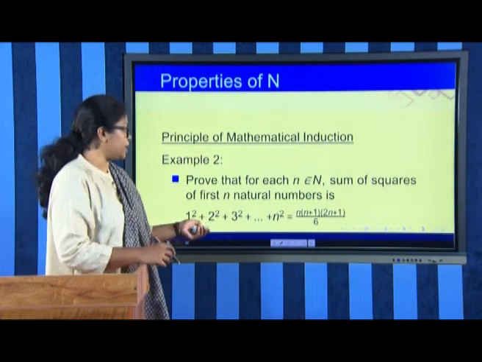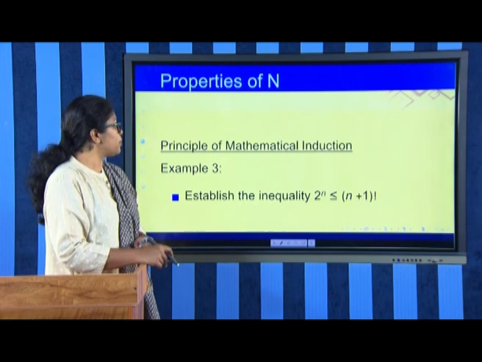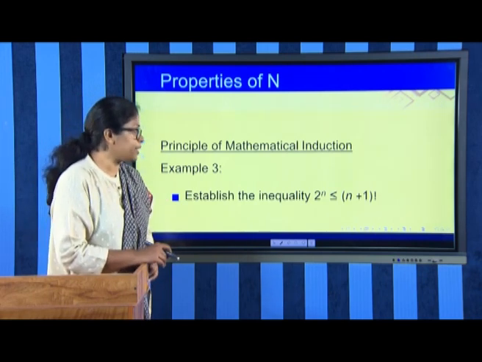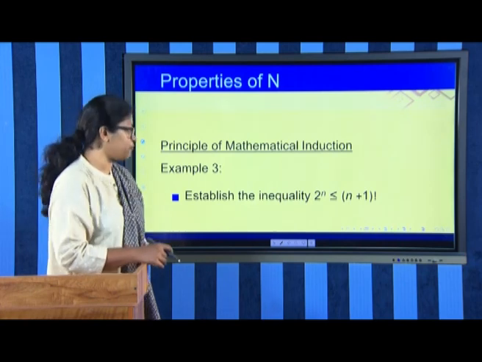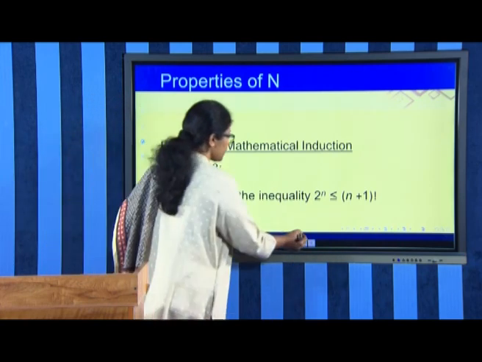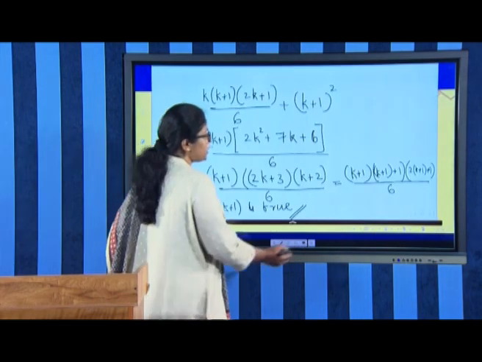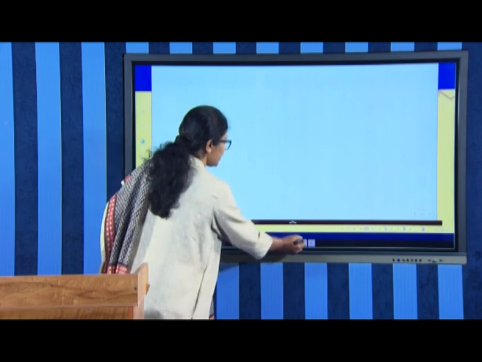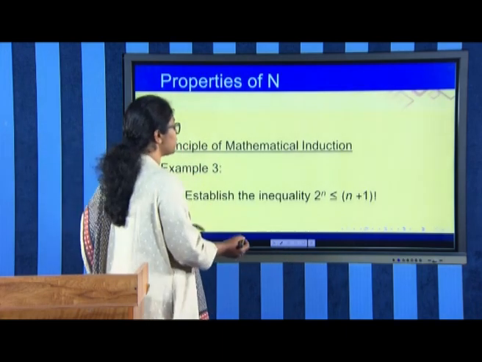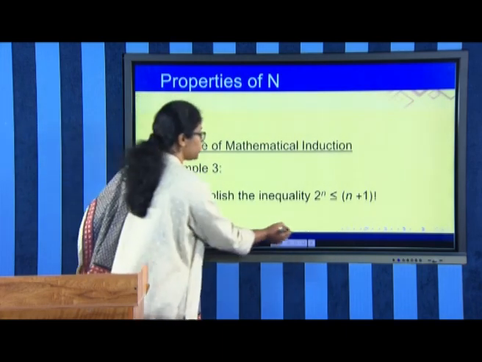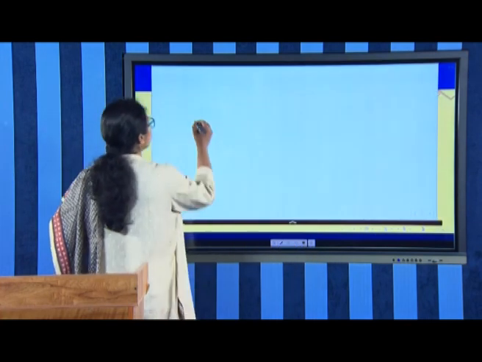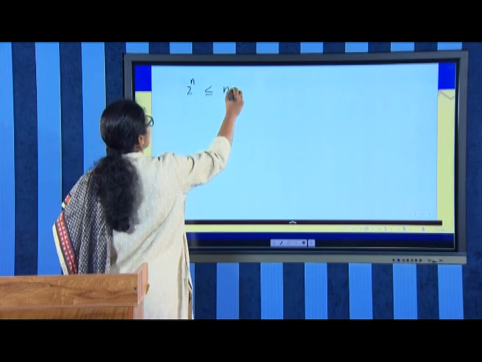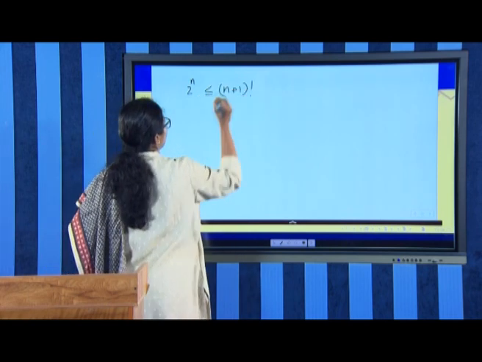Then the third question is to establish the inequality 2 power n is less than or equal to n plus 1 factorial. Again we apply the induction hypothesis here. Once again the inequality is 2 power n less than or equal to n plus 1 factorial.